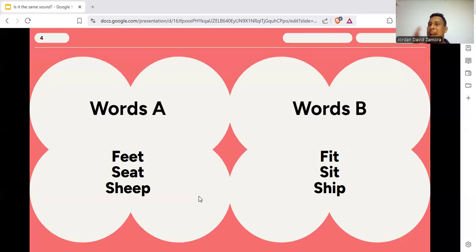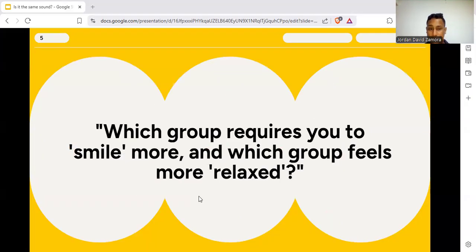Then I'm going to ask them to sort the words into two categories according to how they sound. Then I'm going to ask the question, which group requires you to smile more, or which group feels more relaxed? I'm going to ask these questions so students land on the idea that there is a different pronunciation in the sound.